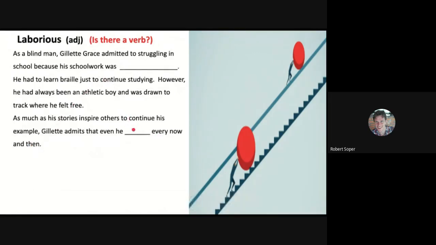Here we were choosing the verb. We put an S on the end of that verb because the subject was he. So he labors every now and then. You might be wondering what labors means. So labors means works, but also it kind of means when used as a verb, struggles. So when you labor, it kind of means that you're struggling. So in other words, even he struggles every now and then.